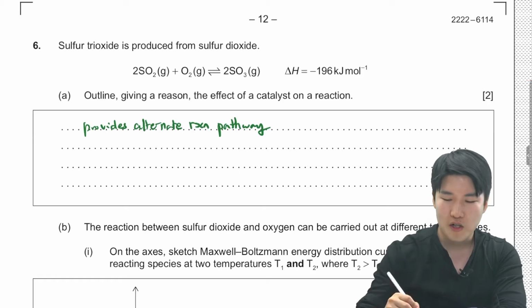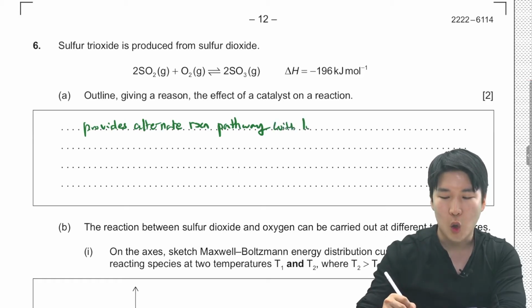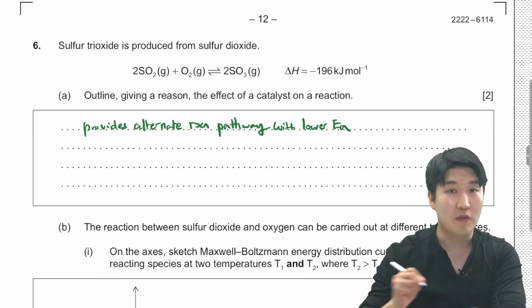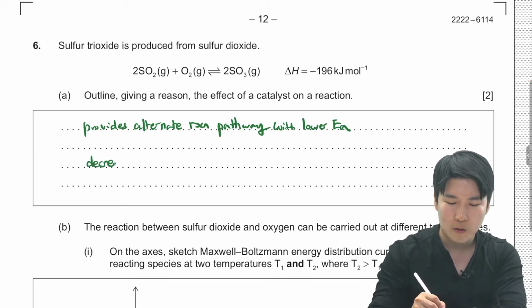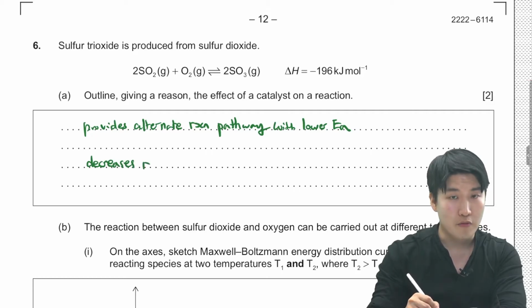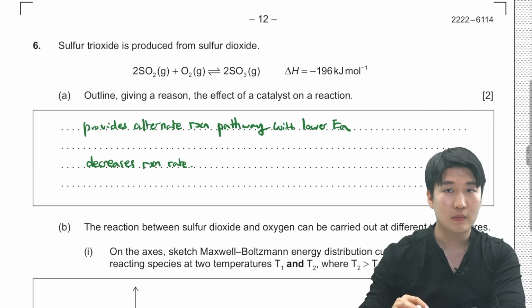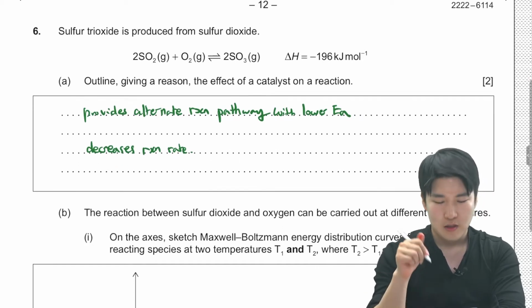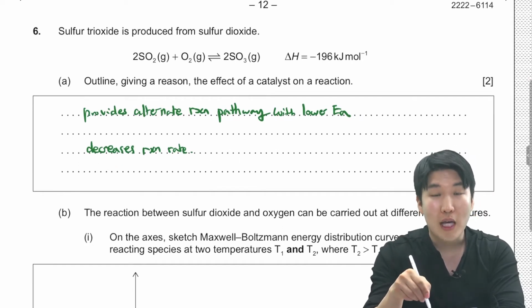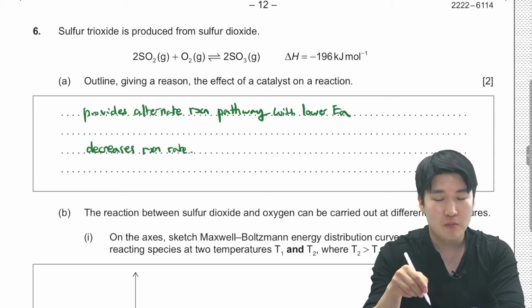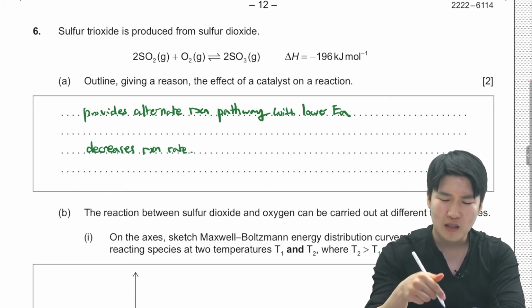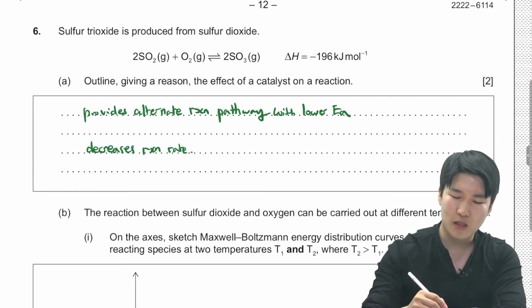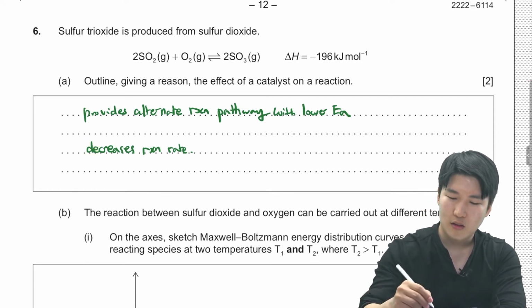And this alternate reaction pathway has lower activation energy, thereby increases reaction rate. We're not going to mention this in this question, but for equilibrium, for reversible reaction, catalyst. Oh, did I just say decrease reaction rate? That's so stupid. It's increases. Apologies.